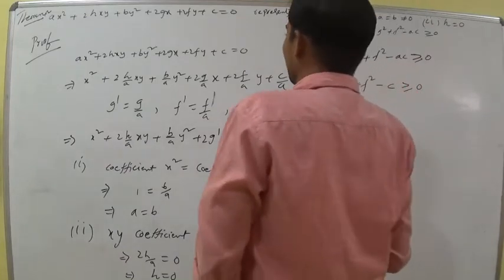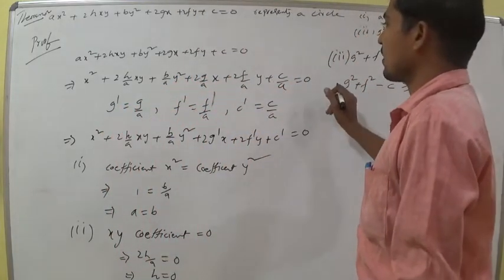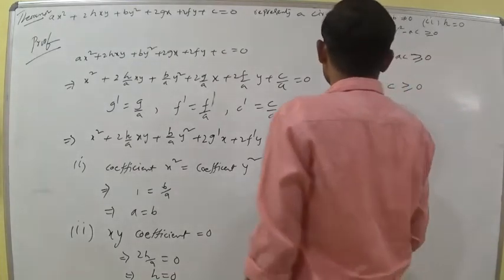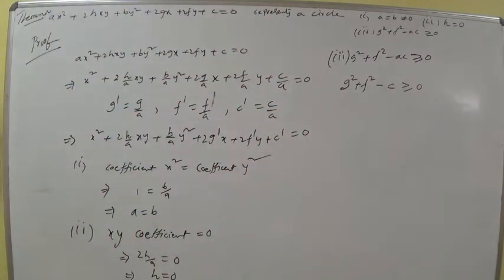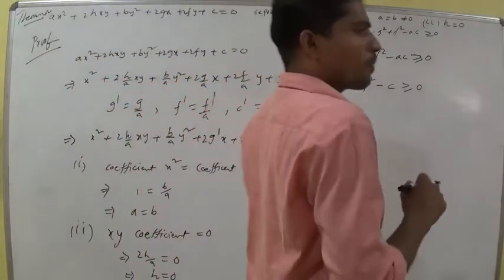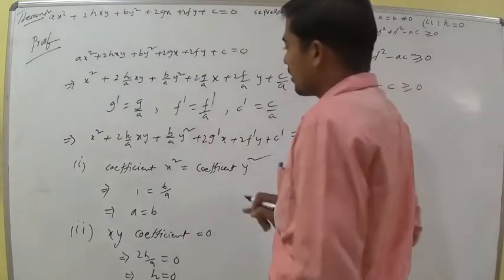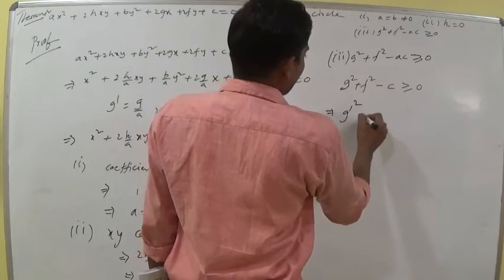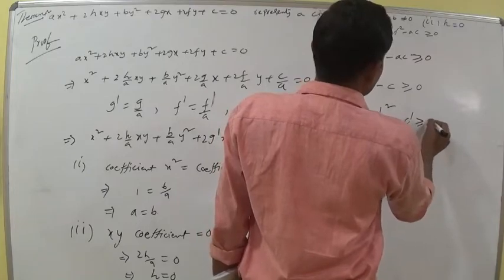So according to our equation, g'² + f'² - c' ≥ 0.